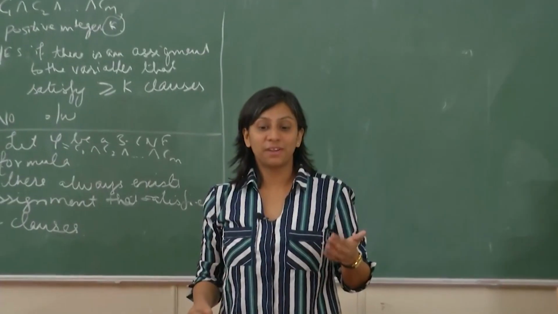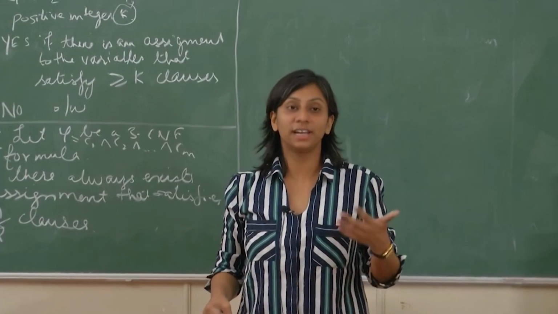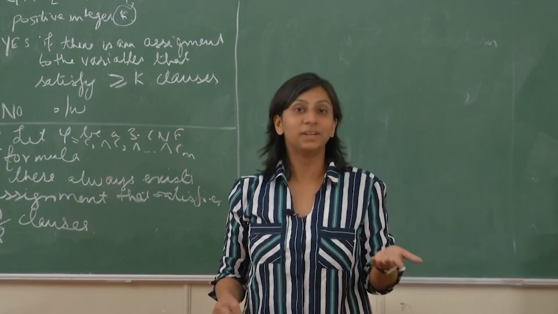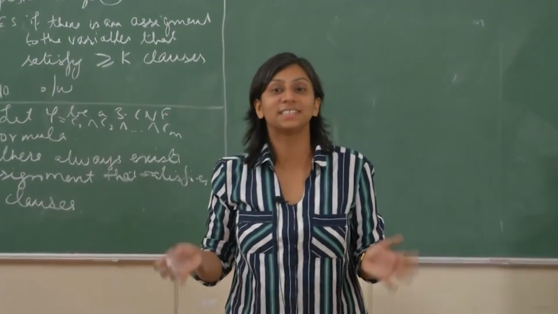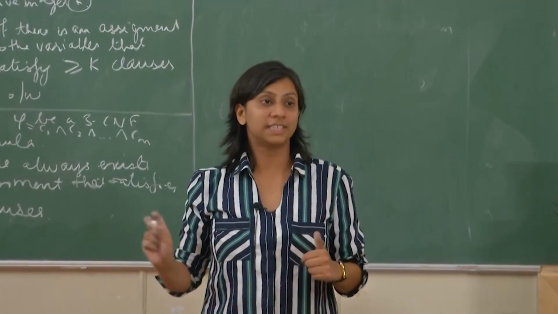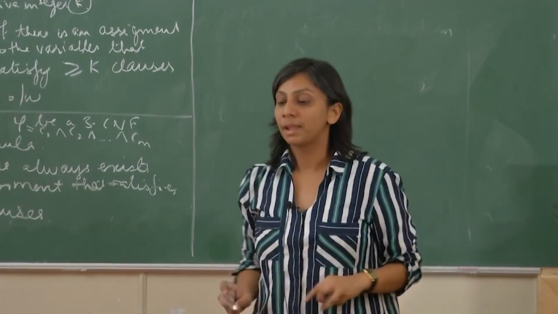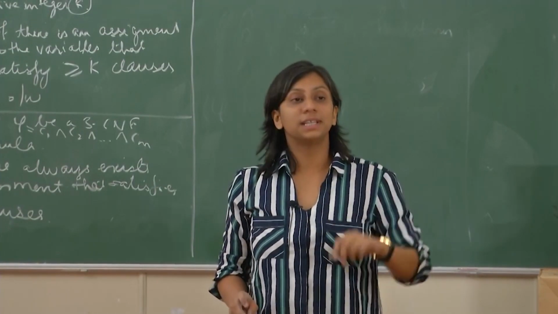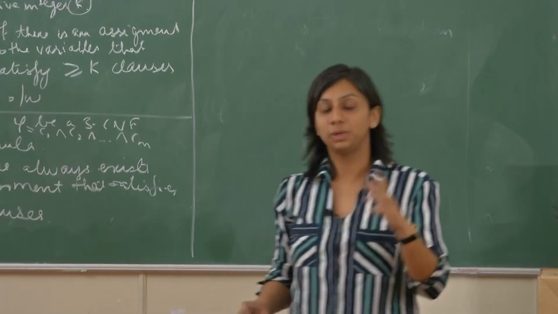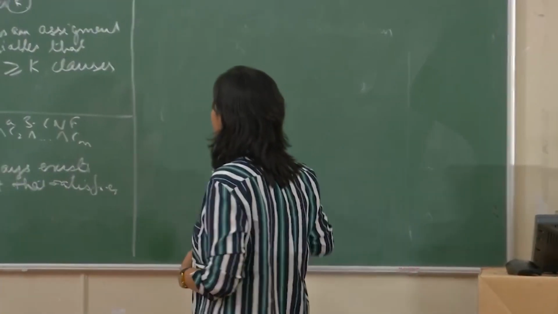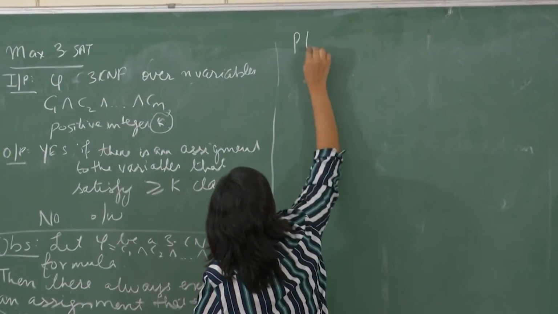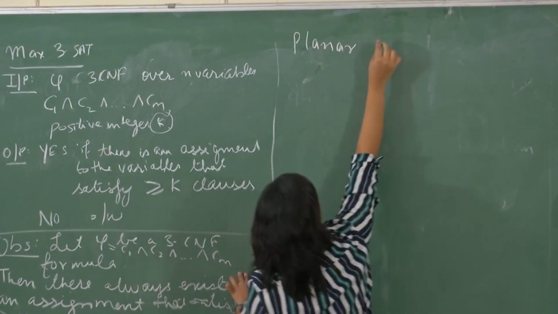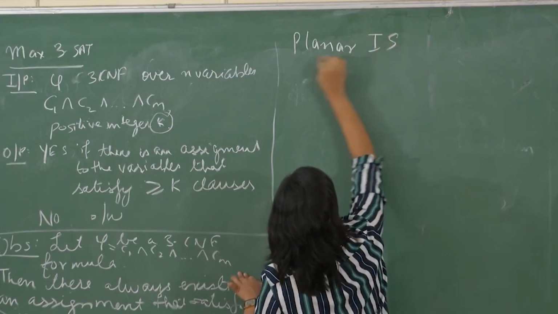It's because if I was able to give you a kernel for independent set on general graphs, I would earn $1 million, because people don't believe such a kernel would exist for this problem. We'll see some lower bounds in the last class, and let's see how much we will be able to cover there, but that's a fact. So what we are looking at right now is this problem called planar independent set.